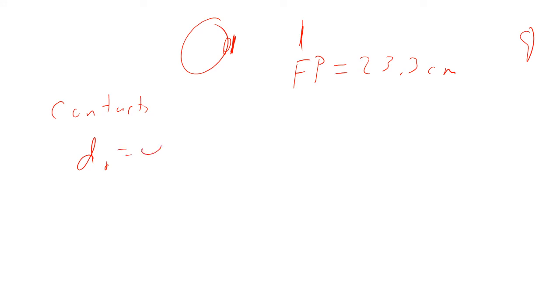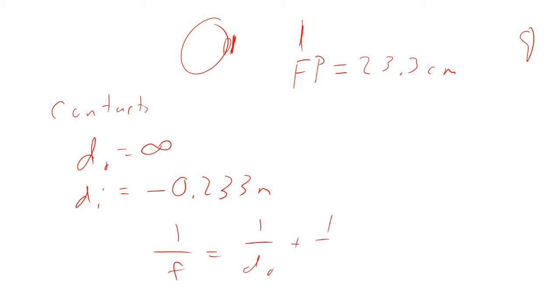So we want DO to be infinity. We want DI to be minus 23.3 centimeters. So that's minus 0.233 meters. And so 1 over f, 1 over DO plus 1 over DI, that's again going to be 0 plus 1 over DI. So 1 over f is going to be 1 divided by that. So that would give us a minus 4.29 diopters.